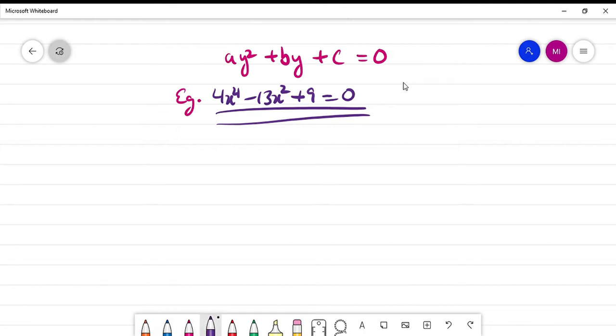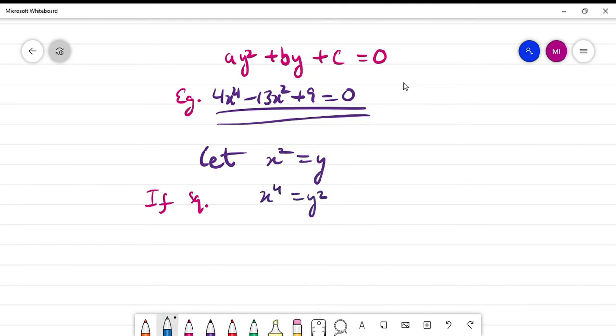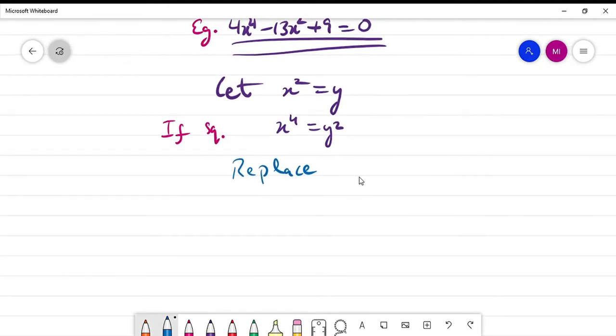So we're going to let x squared equal y. So if we square, x to the 4th is equal to y squared. And now replace. And by replacing, we get 4y squared minus 13y plus 9 is equal to 0.